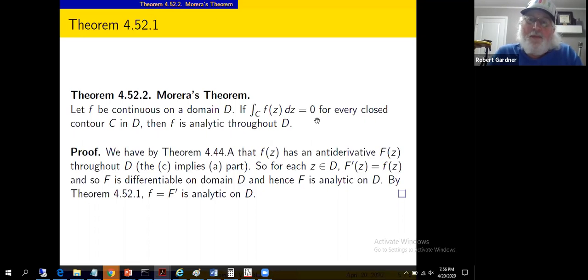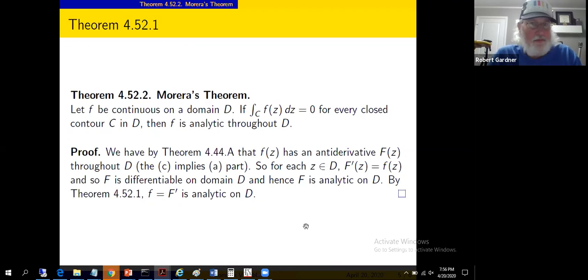If integrals about closed contours are always 0 over a domain, then this function f has an antiderivative on that domain, which, by the way, you could use to evaluate integrals. That's our fundamental theorem of calculus style result. But here we're going for something else. We're going for analytic. Okay, well, here we've got this capital F of z. That's an antiderivative of f, or in other words, capital F prime of z equals lowercase f of z.